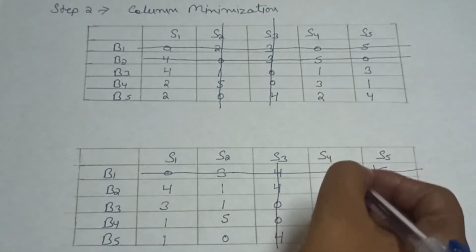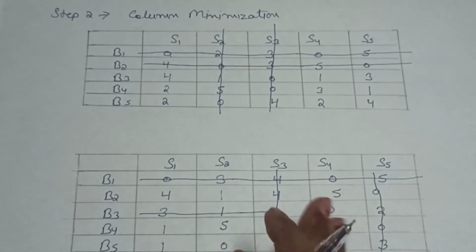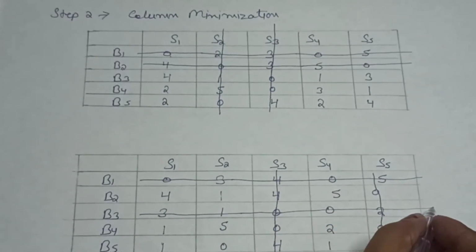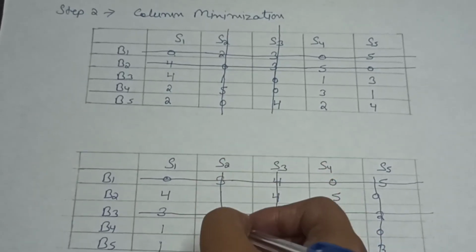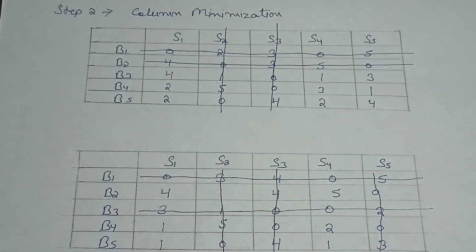Also we can draw the line like this. Now we have this 0. We can draw the line like this and like this. It is at your option how you draw the lines.